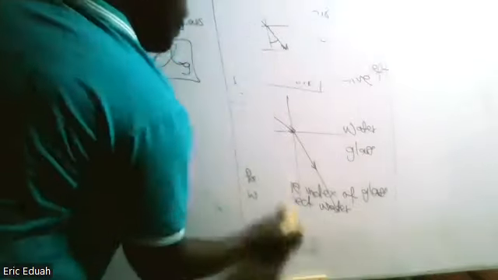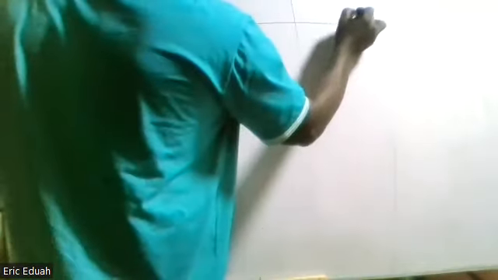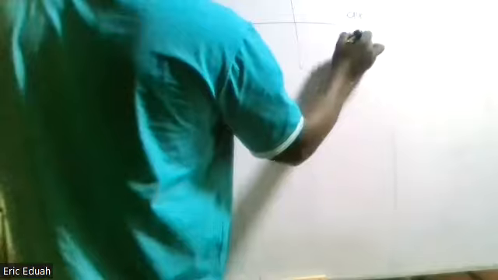Let's assume a situation where light is being propagated from air to another denser medium. So this is air, this is glass.